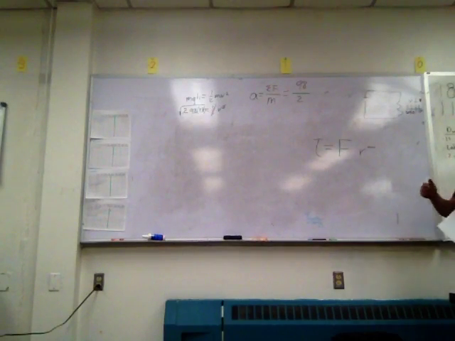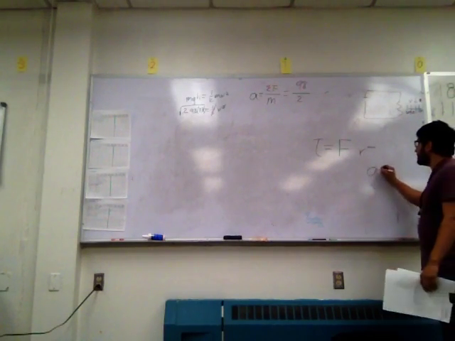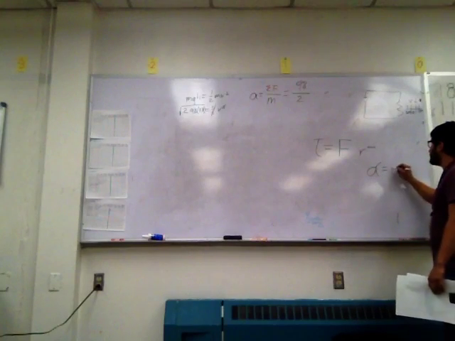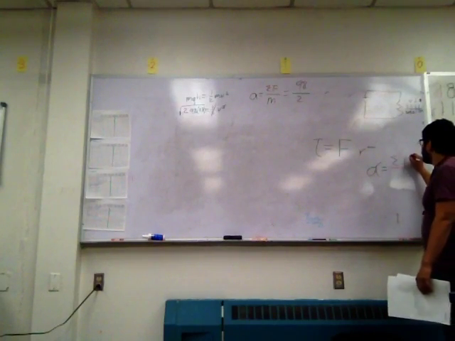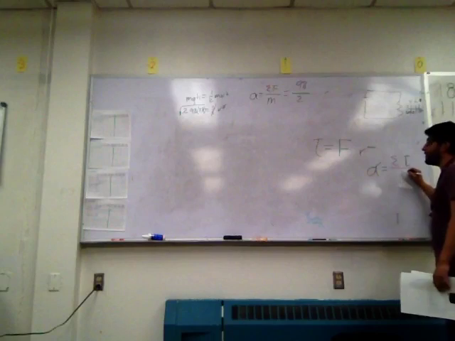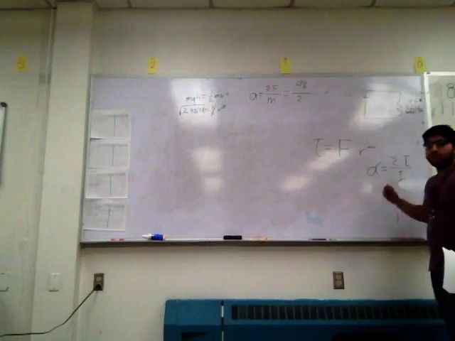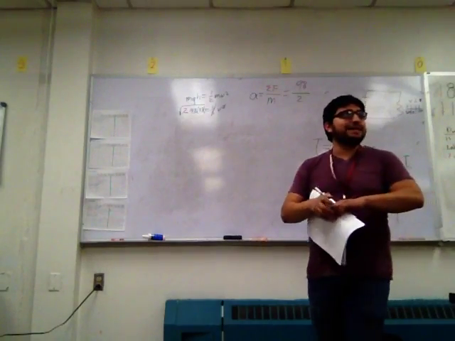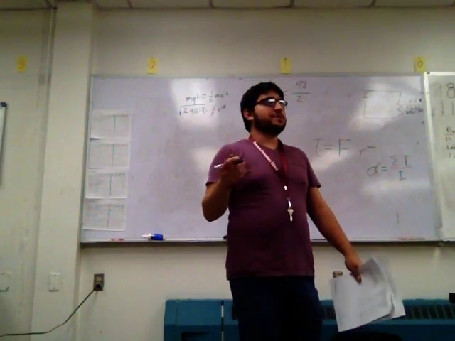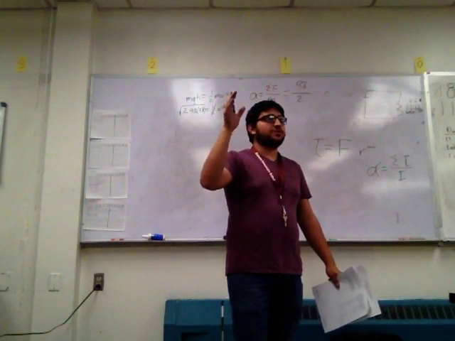So the rotational acceleration is net torque over, not M, but what do we use now? I. Net torque over I. So when the torques are balanced, what can you tell me about the rotational velocity?